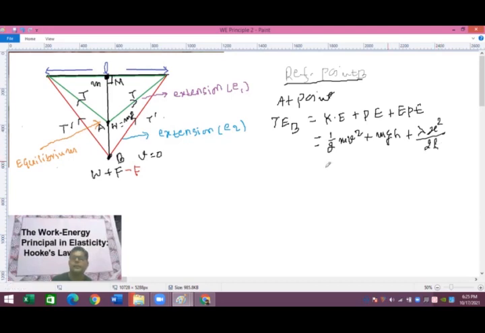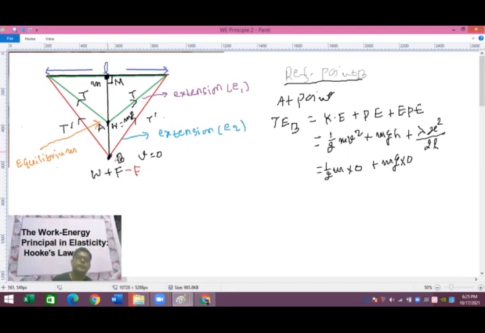Half m v square means there is no velocity in the beginning. Initially there is no velocity, so it is 0. The body is at rest at this point before releasing it, and then mg times 0, because there is no position change described here.